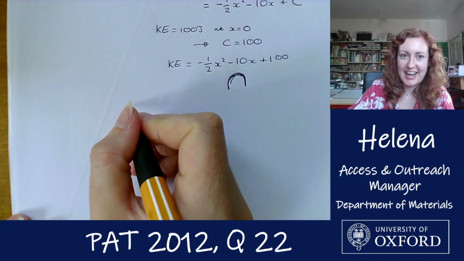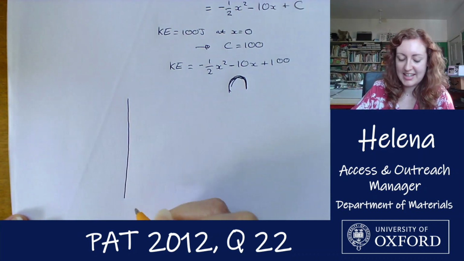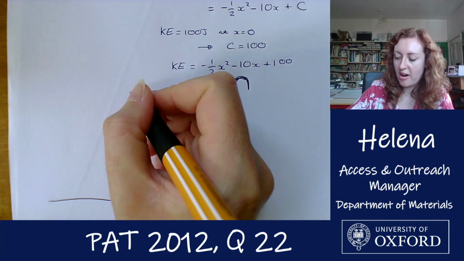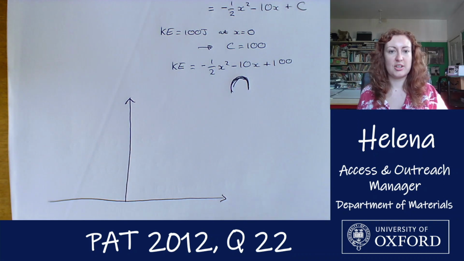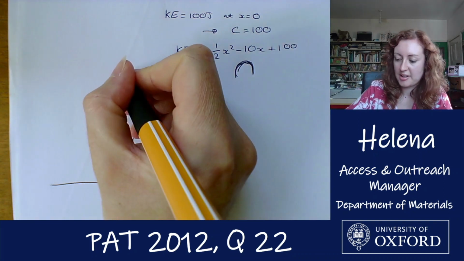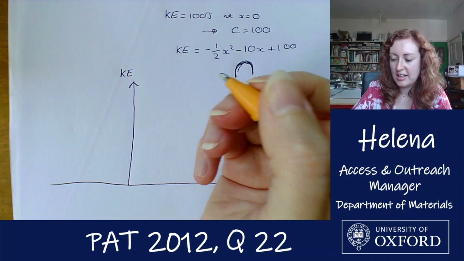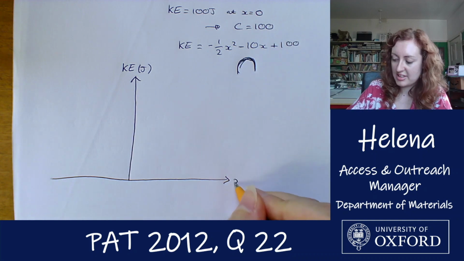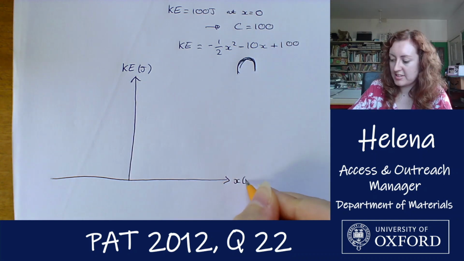Okay, so let's sketch this graph. And remember, it's just a sketch, so it doesn't have to be a perfectly accurate work of art, as long as we get some key shapes and some key points on there. So what do we have? We have the kinetic energy here in joules, and we have the distance x here, which is in meters.